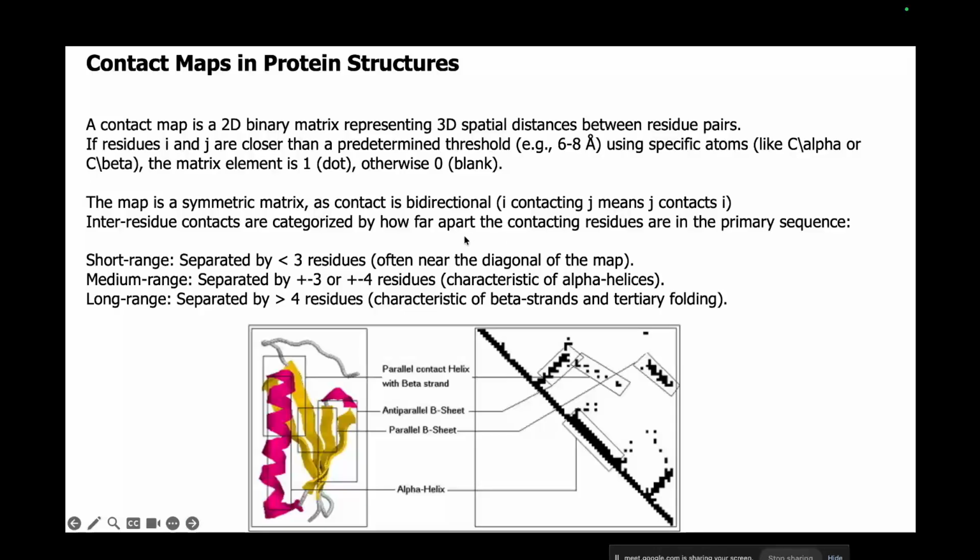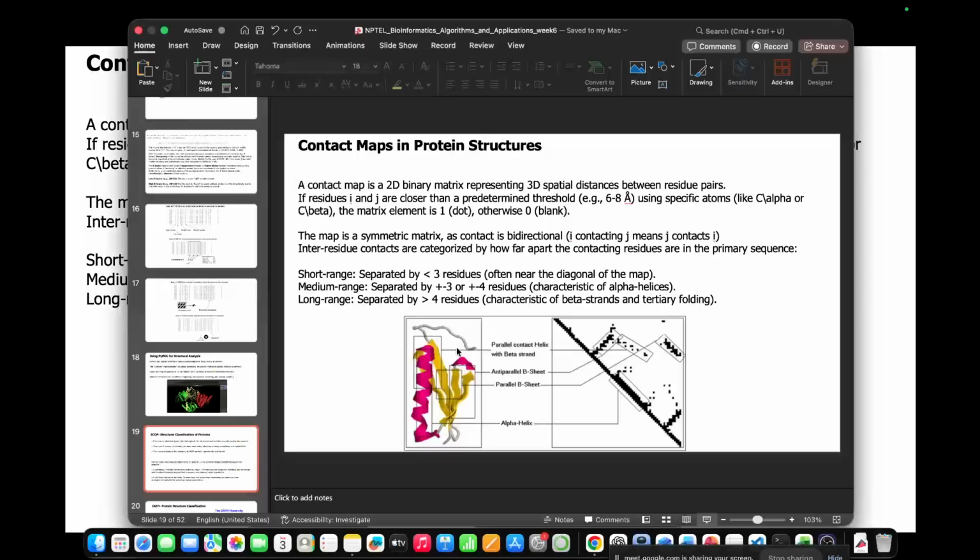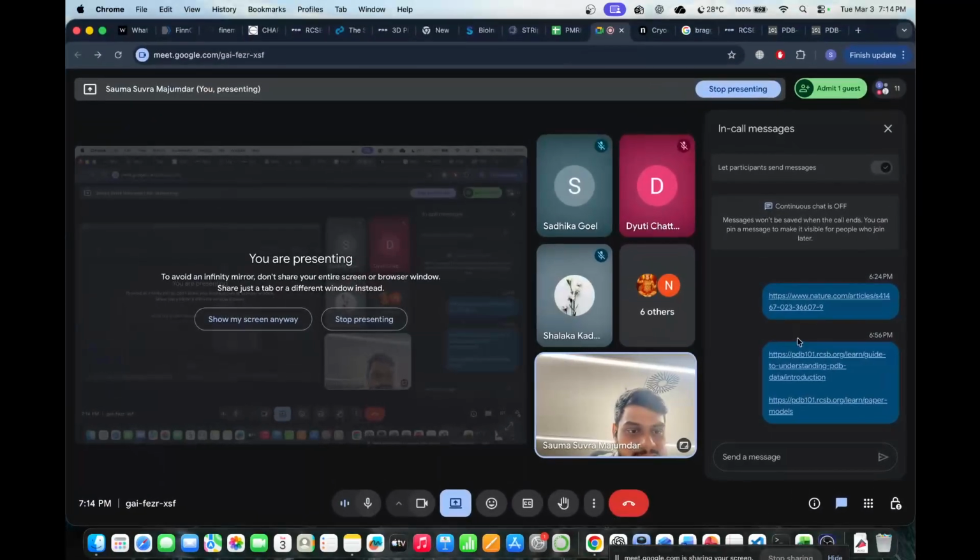So that is a similar type of concept in contact maps, right? So it's a 2D binary matrix representing 3D spatial distances between residue pairs. So basically, between residue I and J, if they're closer than a predetermined threshold using specific atoms, the matrix element is a dot. Otherwise, it's a blank. So similar to what the dot plot does.